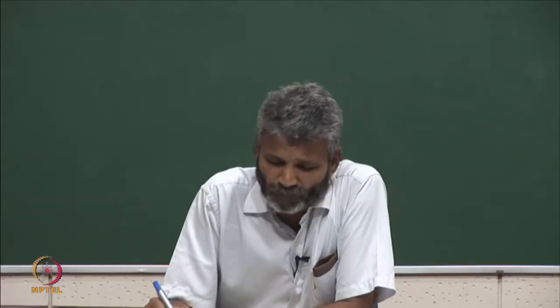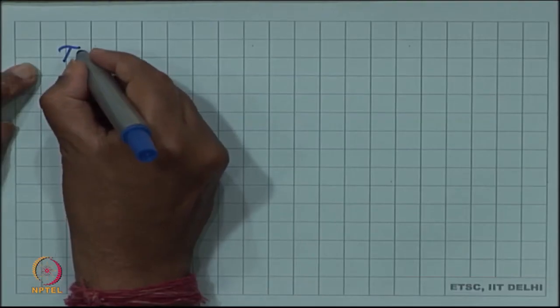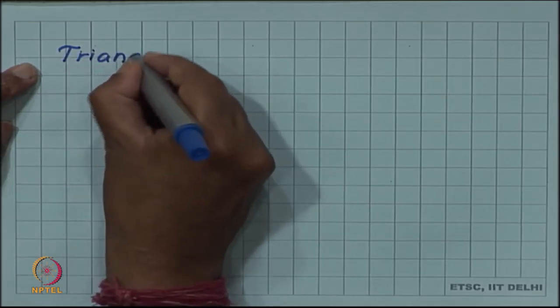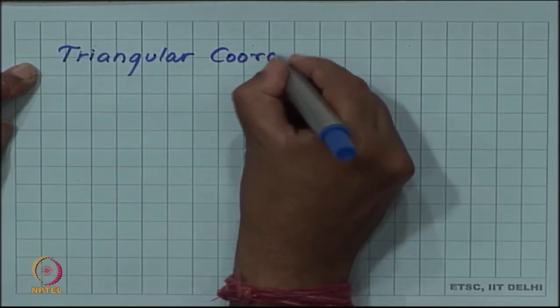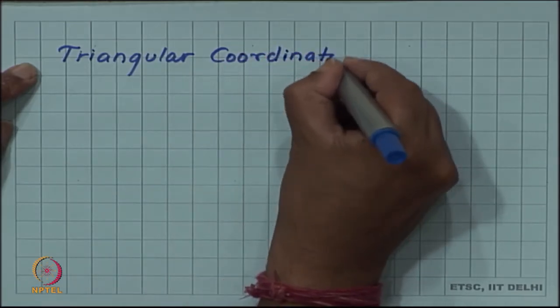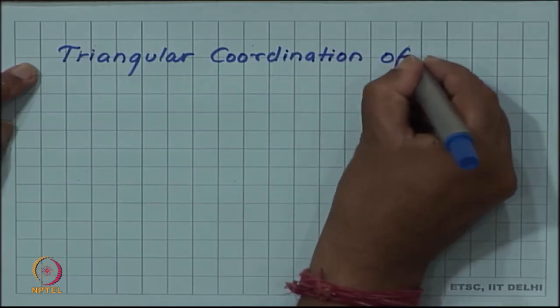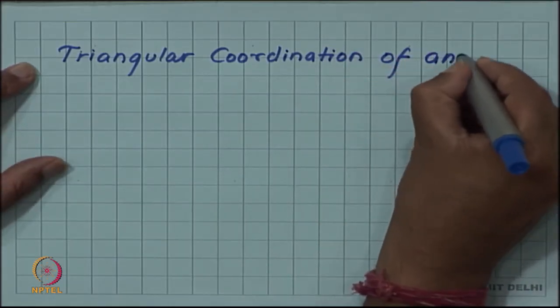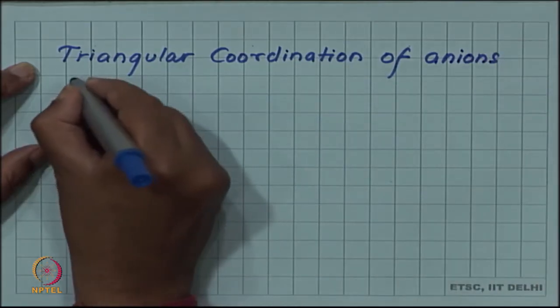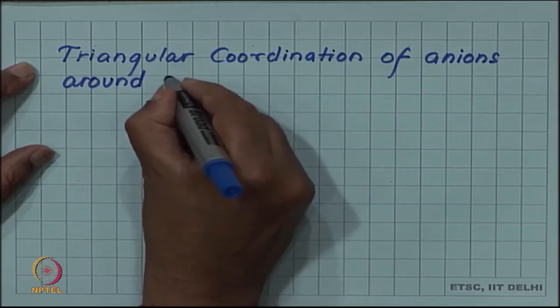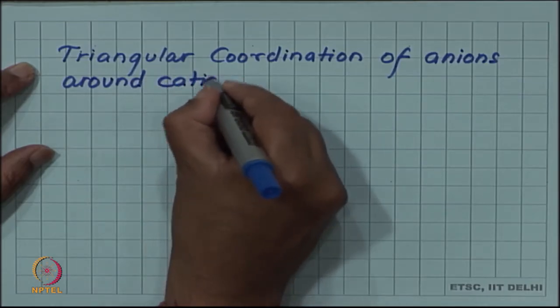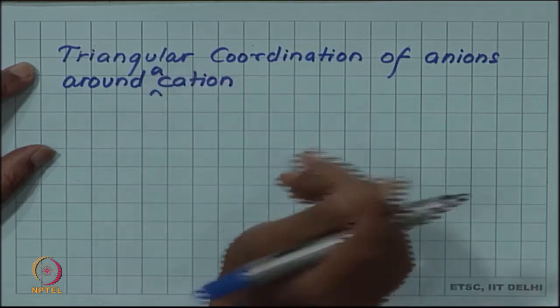So, which means if we now consider, this is what we call a triangular coordination of anions around the cation.